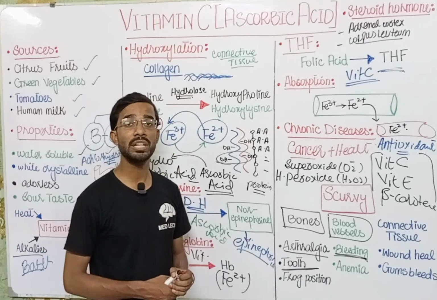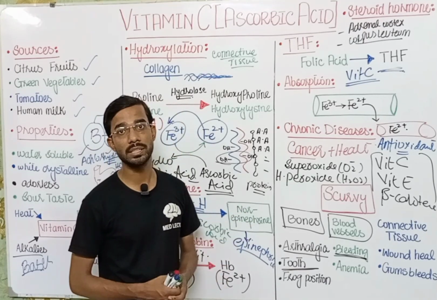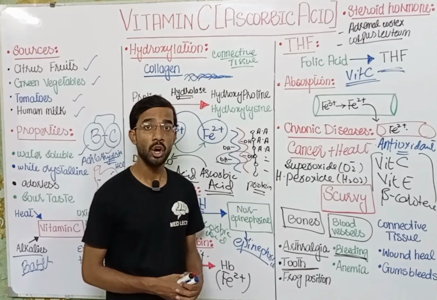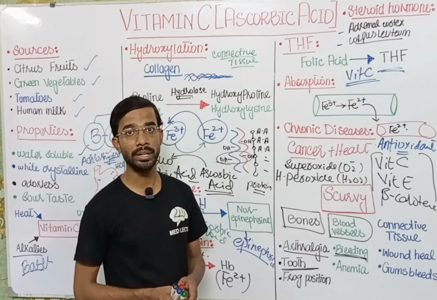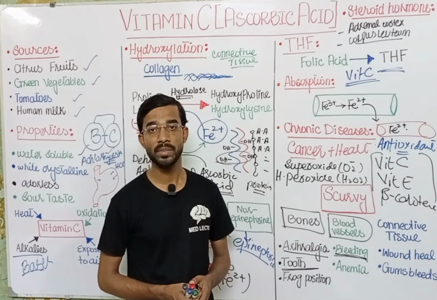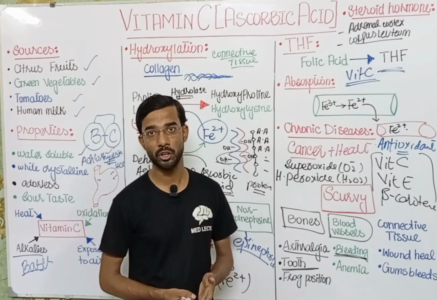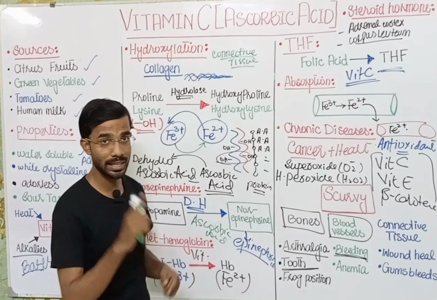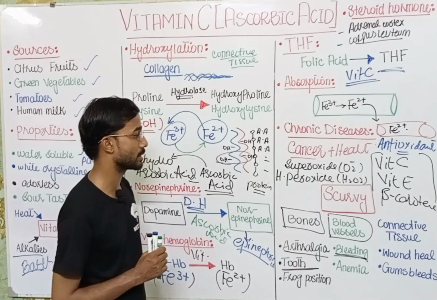Next, when you see the deficiency of vitamin C, you will see a very important disease called scurvy. In infants who are not fed breast milk, there is a high chance of developing infantile scurvy, or you can say Moeller-Barlow disease. That is specifically in the case of infants.